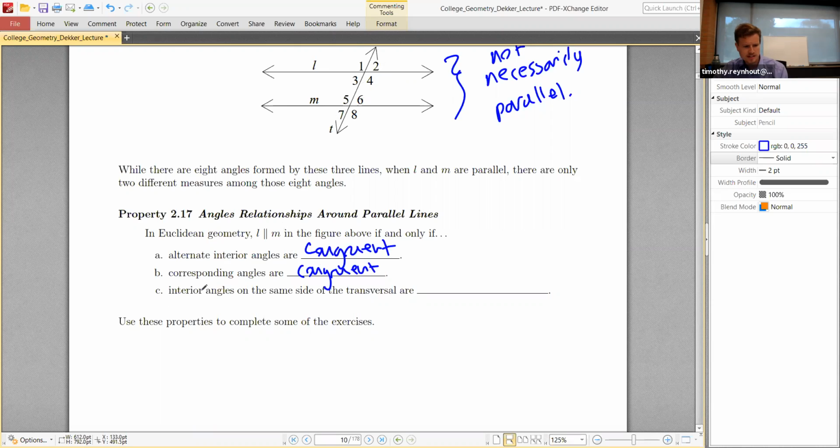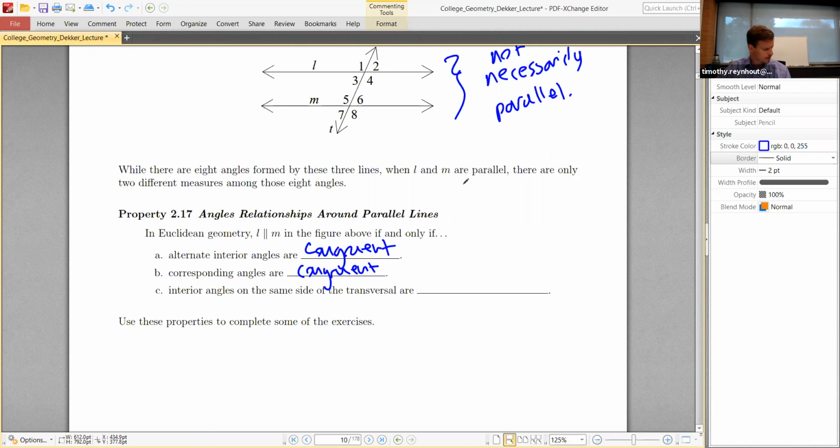And we have that interior angles on the same side of the transversal, such as 5 and 6, and 3 and 4. Oh, I'm sorry, not paired this way, paired this way. So angles 4 and 6 pair on the same side of the transversal. 3 and 5 are a pair of angles on the same side of the transversal.